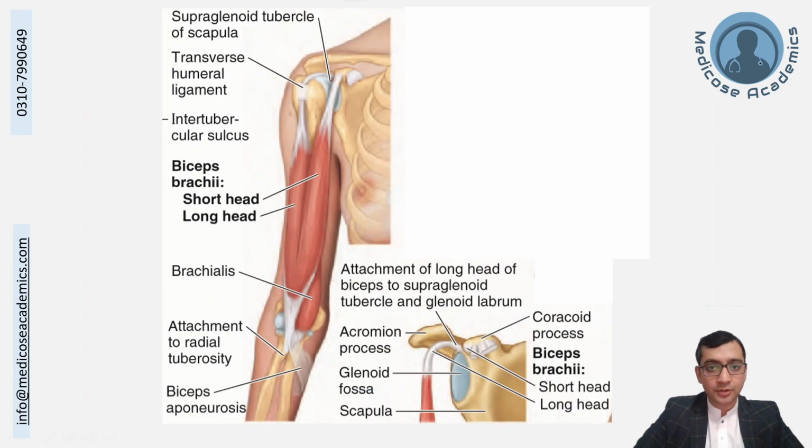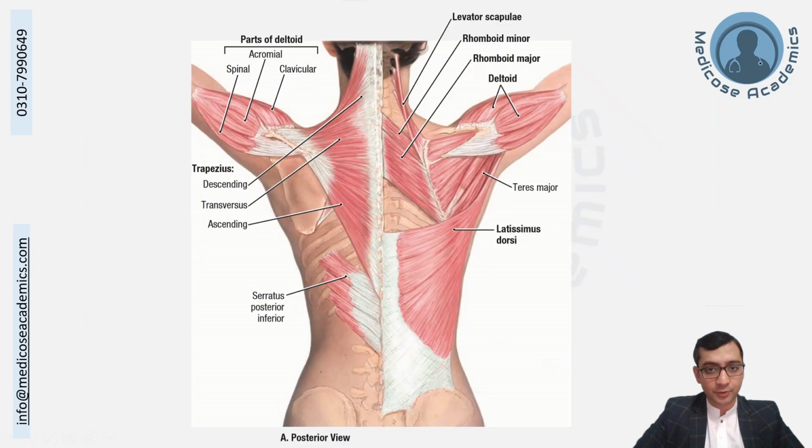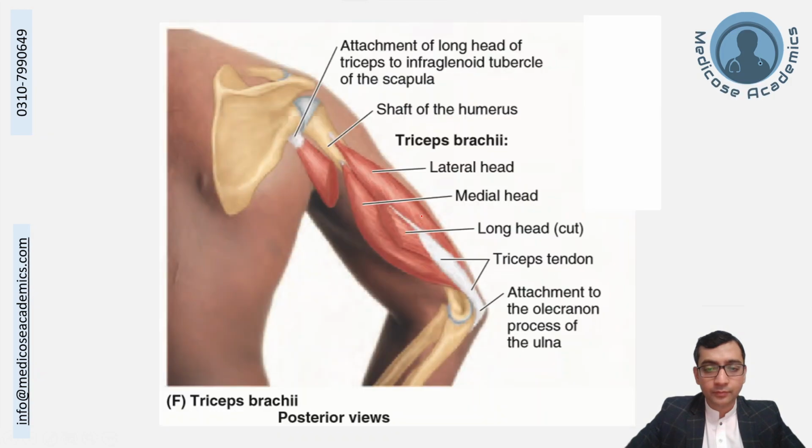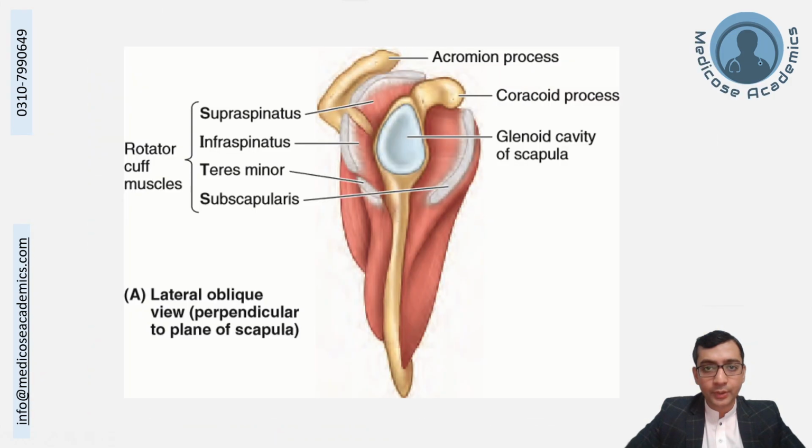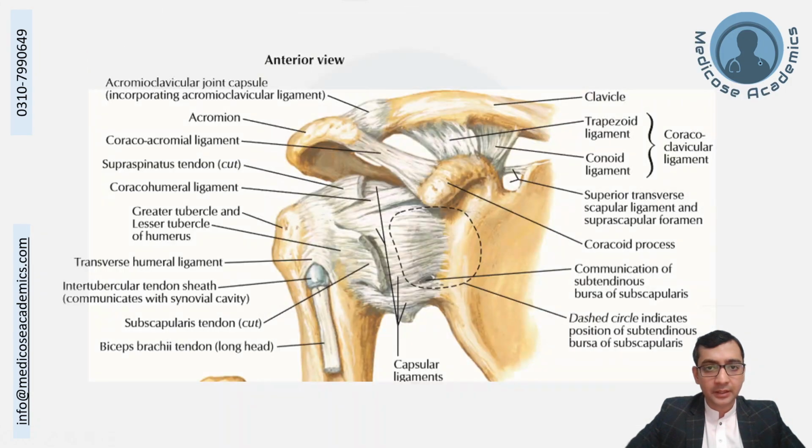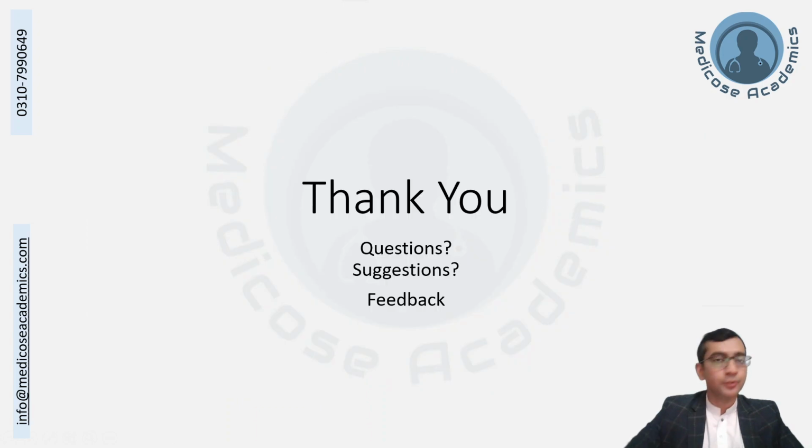You can pause this slide as you read from your textbooks. Oh yeah, that's the one thing that I wanted to discuss right here. We have discussed, I think, the latissimus dorsi covering the inferior angle. Okay, that's it. These are the different pictures that will help you.